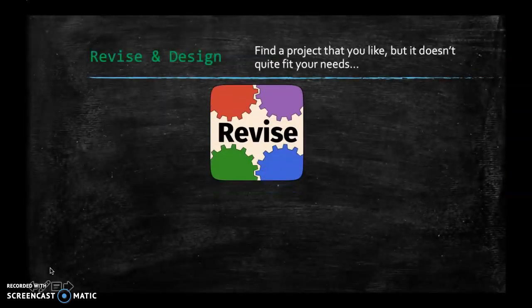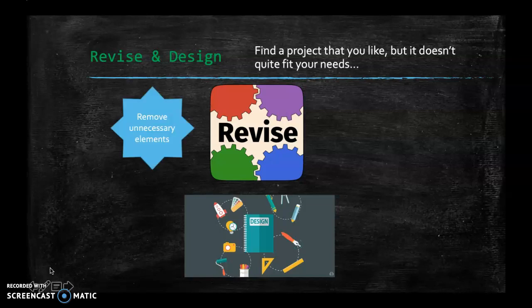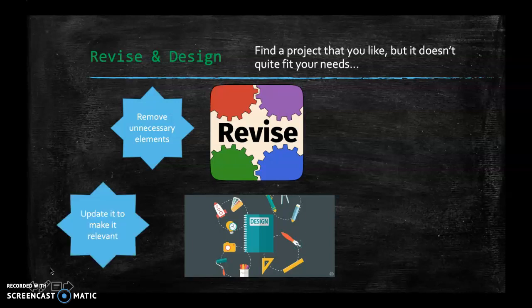Revise and design. Find a project that you like, but it doesn't quite fit your needs. Remove unnecessary elements. Oftentimes you'll find projects that might be outdated, so remove things that are no longer important.